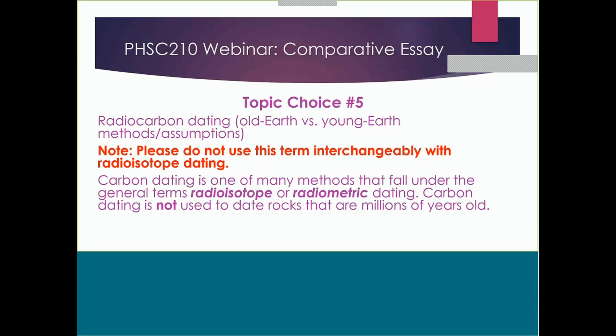Potassium-argon is one of the radioisotope methods used to date really old rocks, or what are thought to be really old rocks. Uranium-lead and rubidium-strontium are methods used to date rocks in the billions of years. Carbon dating can only date something that has carbon in it, and it's a relatively short term. But the assumptions that you'll uncover in radiocarbon dating can be applied to all of those. Just a warning to not use the terms interchangeably.